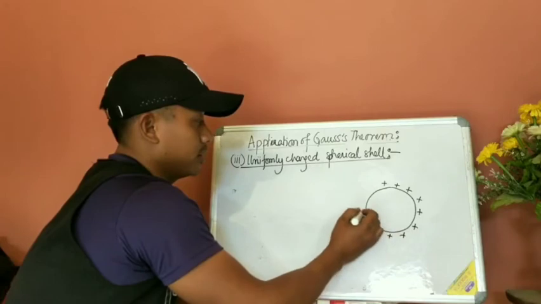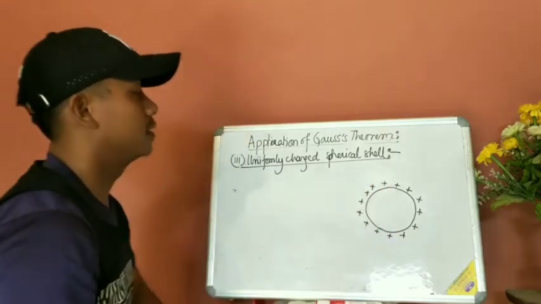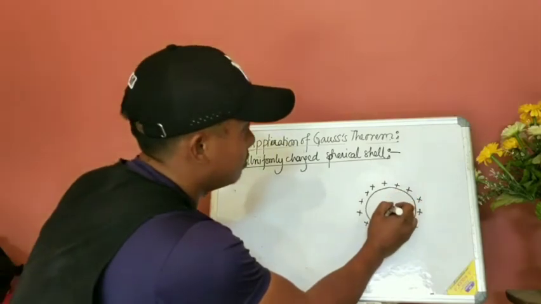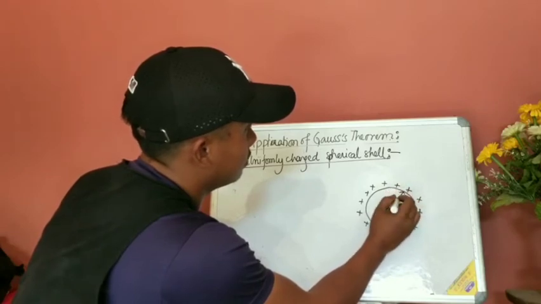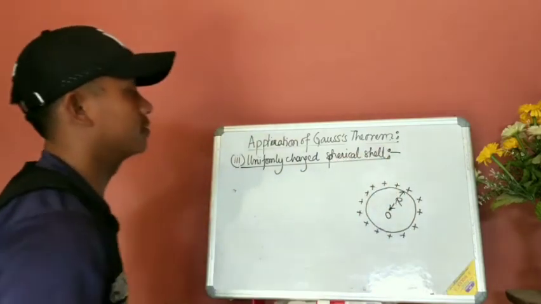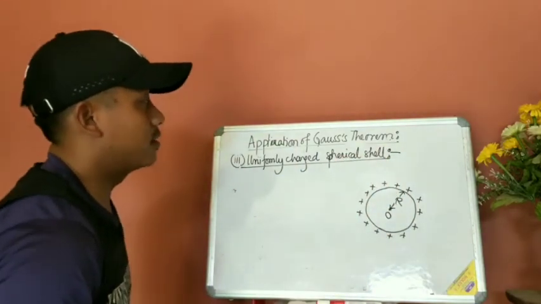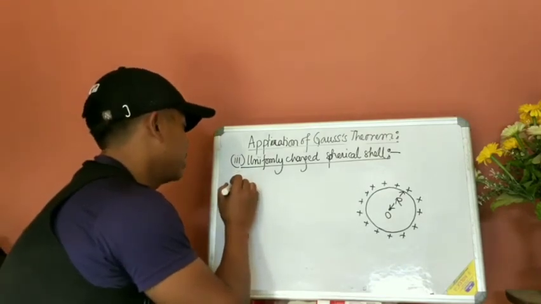Uniform distribution. Let the radius of the cell be R, center at O.